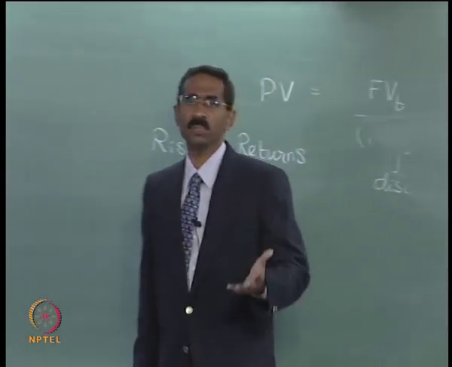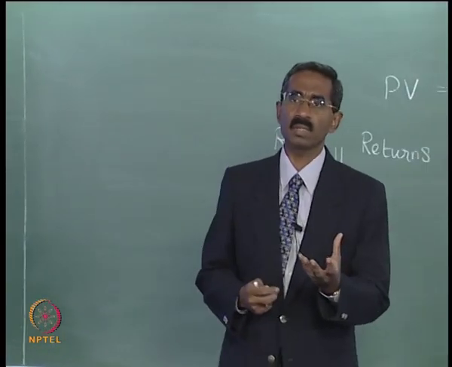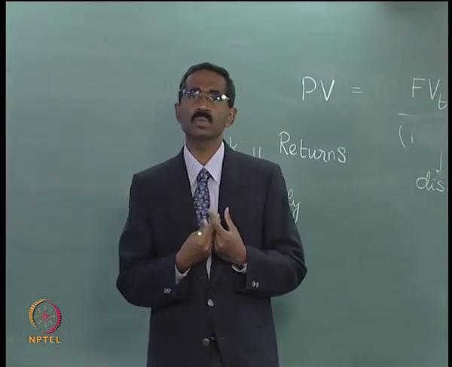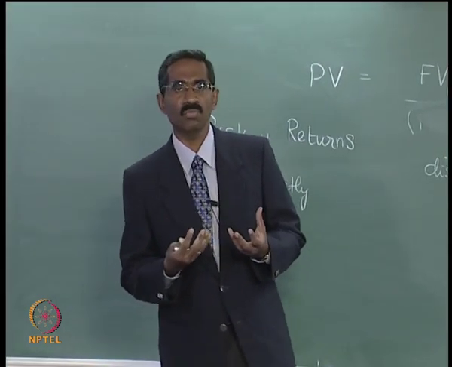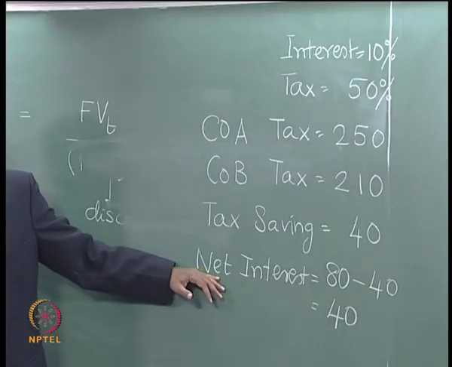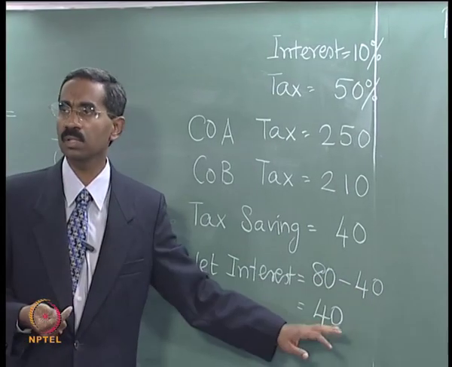The company has actually paid an interest of 80, but because of this interest payment it has been able to enjoy a lower tax to the extent of 40. So, therefore, the net interest the company has paid would be 80 minus 40, which is 40.